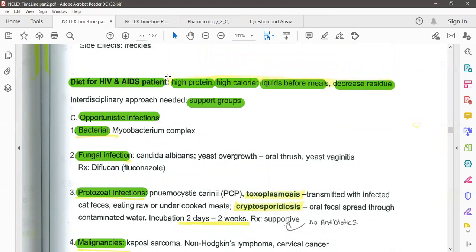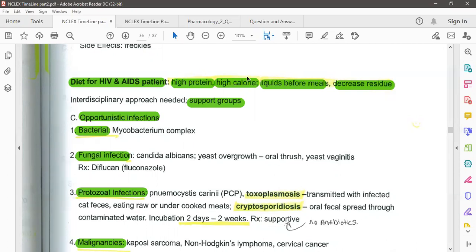about the nutrition. What food do you give your patient, right? In case of HIV or AIDS, give them small, frequent, high protein and high calorie and nutrient dense meals or food, because HIV associated wasting is important.